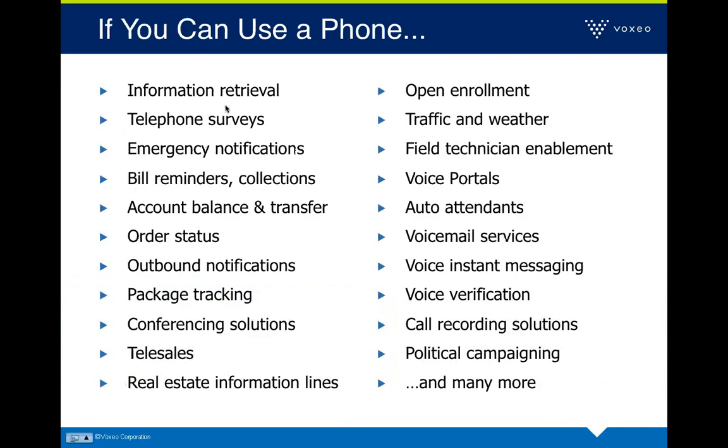Now, over these years, we've had people create applications. Really, we say if you can use a phone with it, somebody's created an application, ranging from very large-scale IVR systems that people have used for very large insurance companies, very large cable companies, lots of things like that, to outbound notification systems. If you've received a message that your school has been canceled or that your prescription is ready, it very well could have been running on a Voxeo platform.